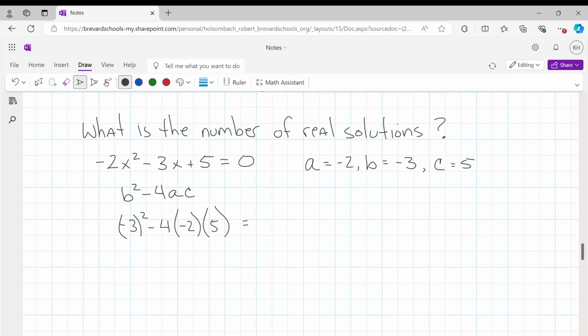We're just going to find out what that equals. And like I said yesterday, you can type that straight into your calculator. You push 3 negative x squared minus 4 times 2 negative times 5 and hit equals. You have 49. All right, 49 is greater than 0, right? So there are 2 real solutions.